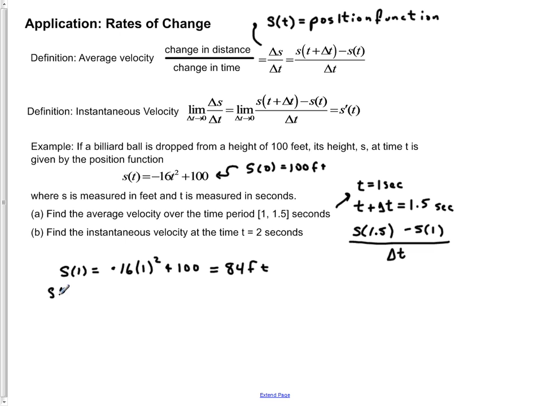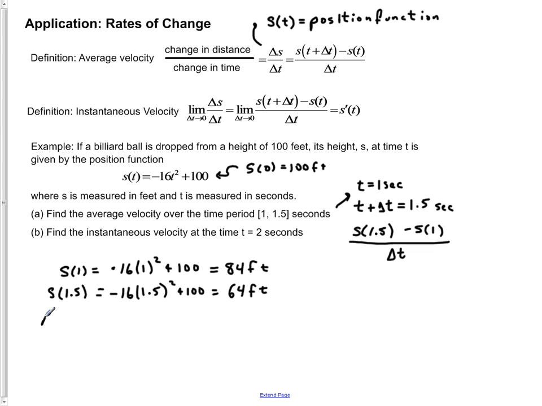And then we would take S at 1.5, and we know that at 1.5, that's negative 16 times 1.5 seconds squared plus 100. And I got out my super cray computer. Actually, I worked this out by hand, but what I got was 64 feet.